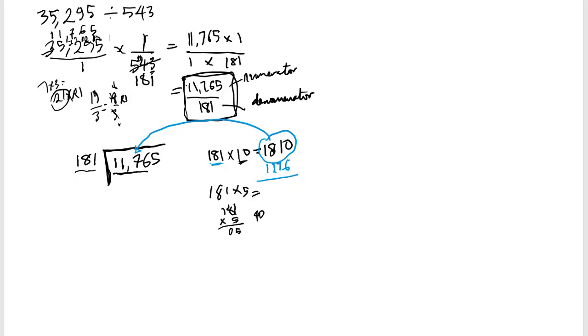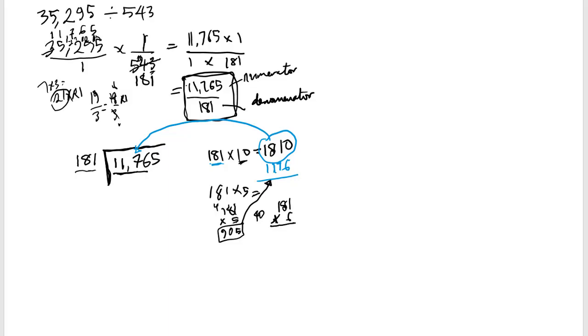You write 0, carry 4 to the next number. Then 5 times 1 is 5, 5 plus 4 is 9, giving 905. 905 is still not as close as possible to 1176. So let's push it a little further by trying 181 times 6.